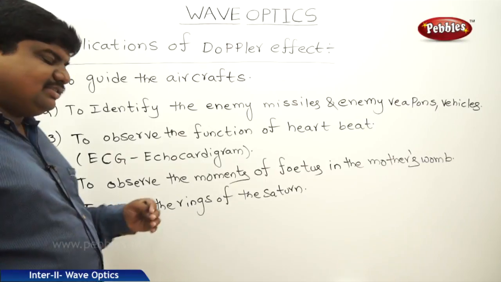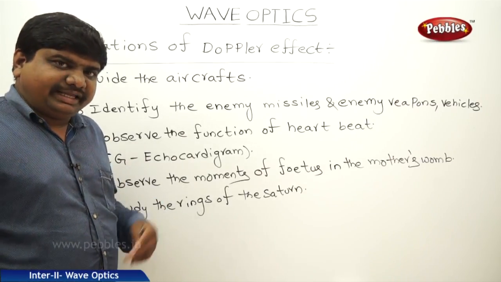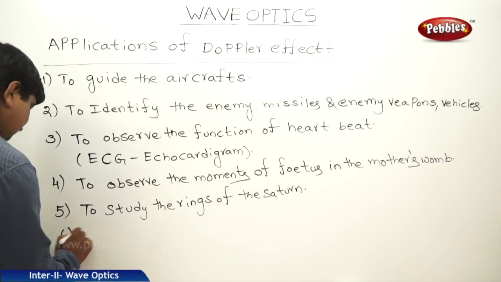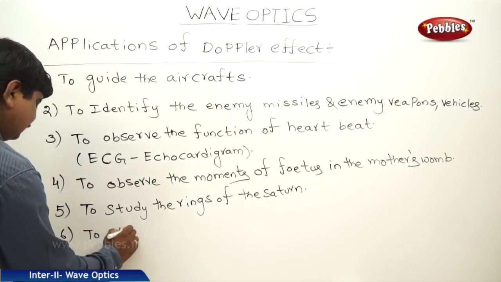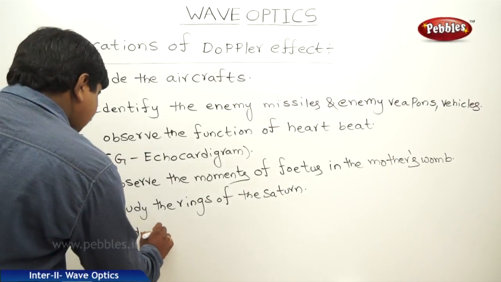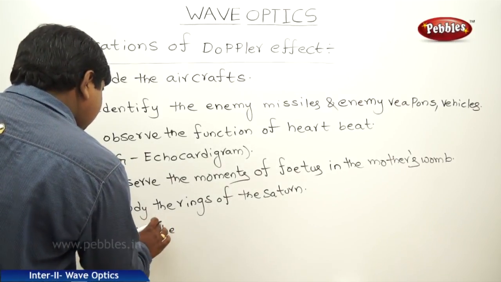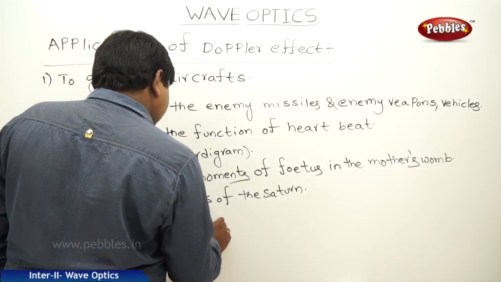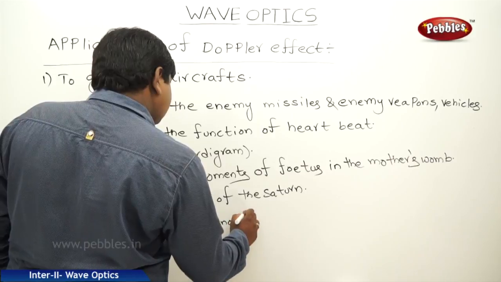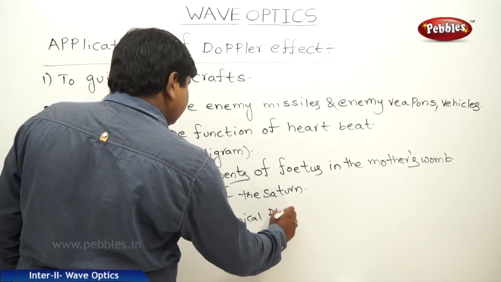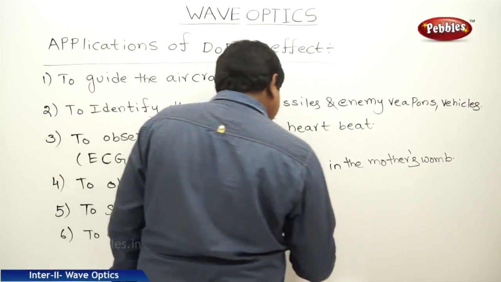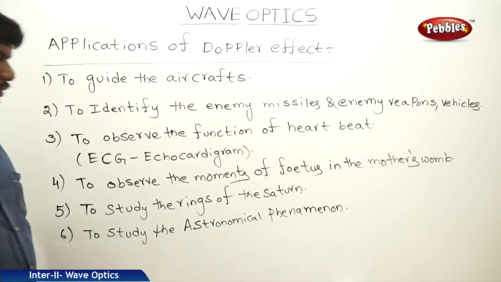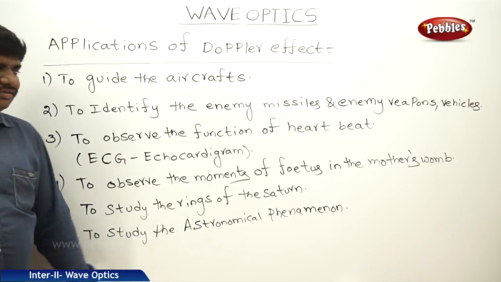Not only to study the rings of Saturn, any celestial object or any astronomical study is based on the Doppler effect, to study the astronomical phenomenon. So these are the main uses of the Doppler effect.